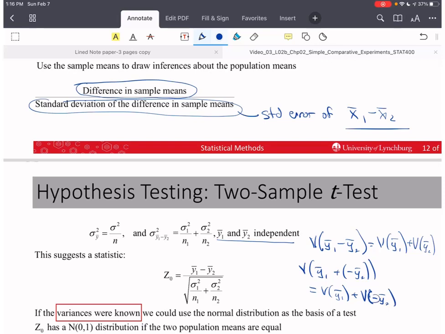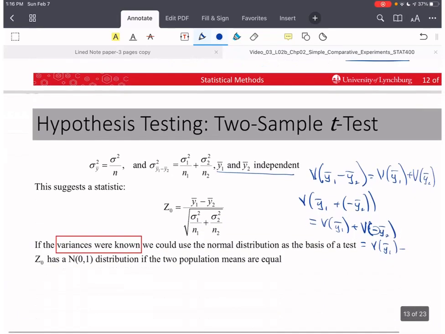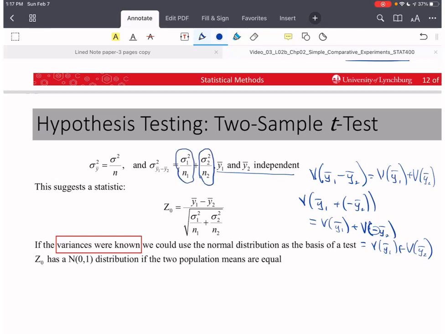We square it, and so we end up with the variance of y1 bar plus the variance of y2 bar. The variance of y1 bar is here, and the variance of y2 bar is here. So if we want our test statistic, we would take y1 bar minus y2 bar over the square root of our variance, which is now given here.